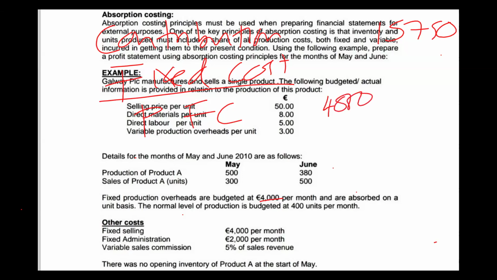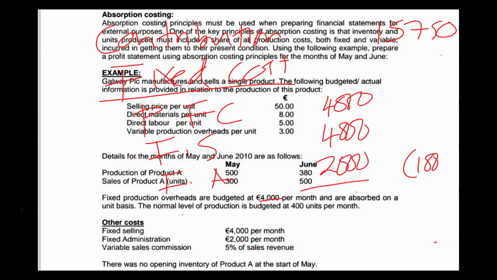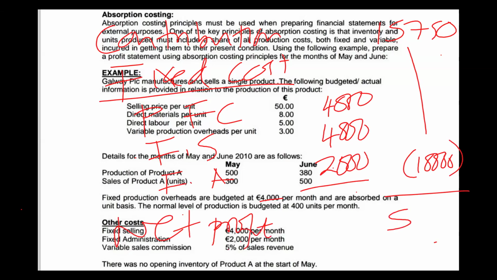Then you also have fixed selling, which is 4,000 as well. And then there is fixed administration here, 2,000 per month. Add these, they give you 10,000. And deduct from contribution to find the net profit or net loss. What do you find? 5,750.